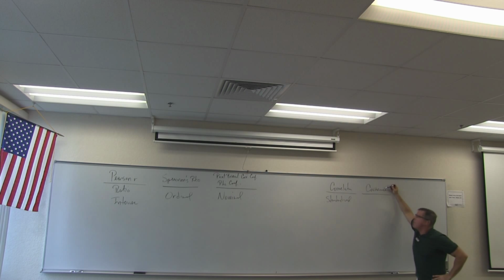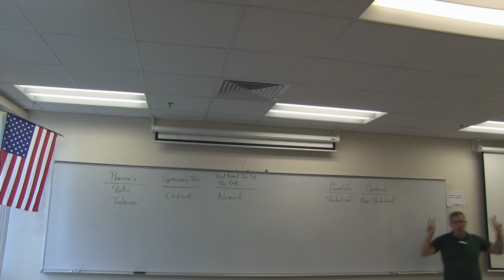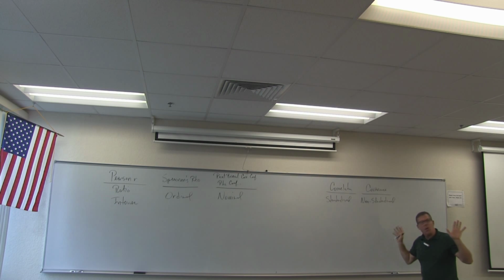Covariance is also a measure of relationship, just like correlation, but it's considered non-standardized. If you were to compute covariance on a set of bivariate data, you would get really, really large positive numbers or really, really large negative numbers, like 273.68.